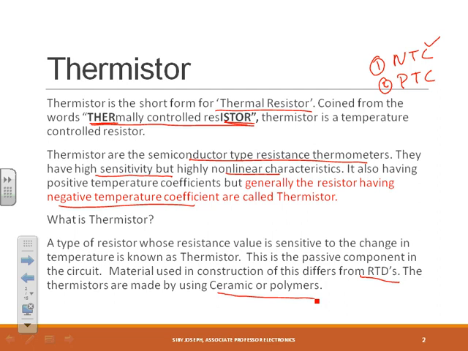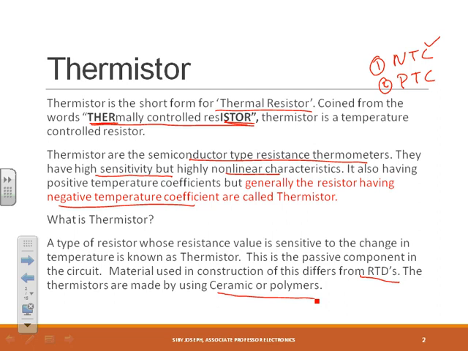For example, we can control the temperature of a room fan. We can set the temperature to a particular level. If the temperature is more than that level, the fan automatically switches on, and if it is less, the fan automatically switches off. Like that, we can do any type of application using thermistors, as a temperature controlling device in our day-to-day life.